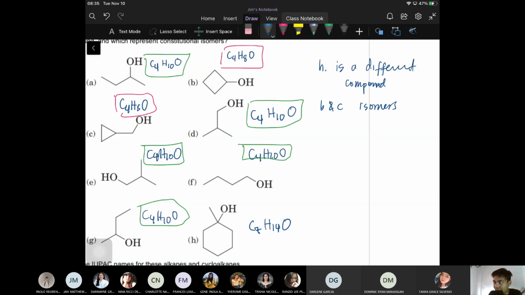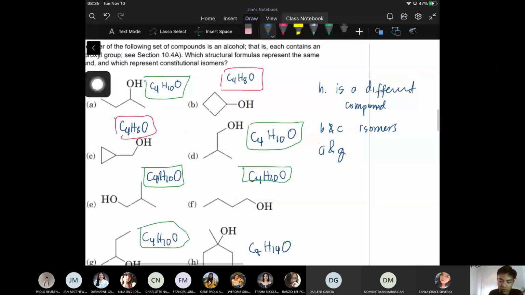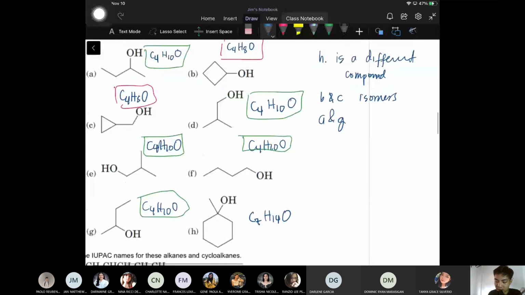Paano naman yung mga green? Let's compare A and G. So, A and G, ito, pati ito. Let's check kung sila ay isomer or same lang. Again, one way to check is tignan ang parent.